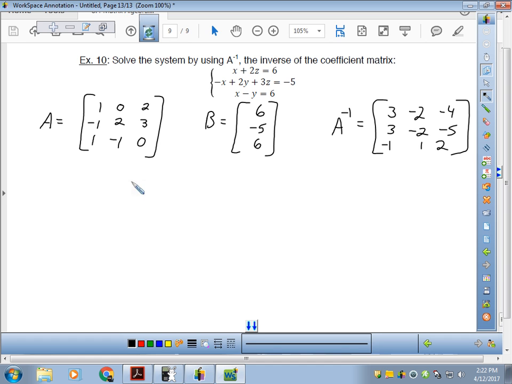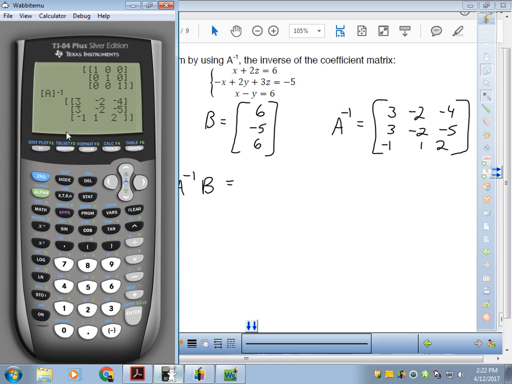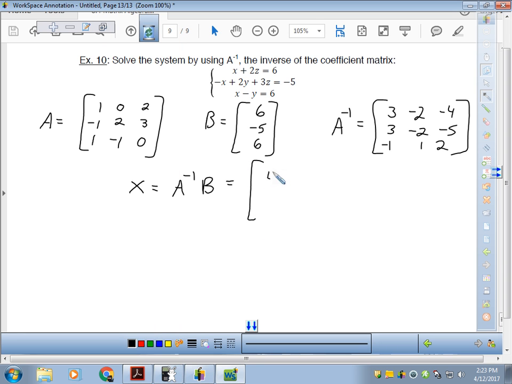So to find my answers, I take A inverse and I multiply it by B. Now we could do this multiplication by hand, but I'm just going to let the calculator do it for me. So I'm going to go to my matrix menu. I'm going to pick A, then I'll pick inverse, then I'll go back to my matrix menu and I'll pick B. So it says A inverse B. I'll hit enter, and it gives me my X matrix, which is 4, -2, and 1.